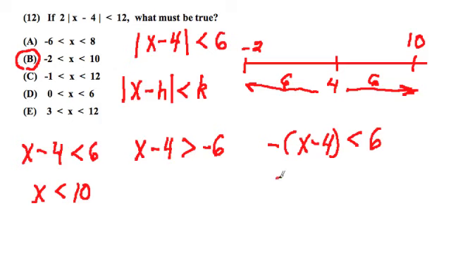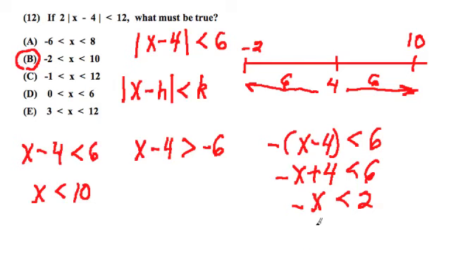So distributing the negative, you have minus x plus 4 is less than 6. Subtract 4 from both sides, minus x is less than 2. Multiply both sides by a negative 1, so we get x greater than negative 2. But remember, if you multiply or divide by a negative number, it reverses the inequality.